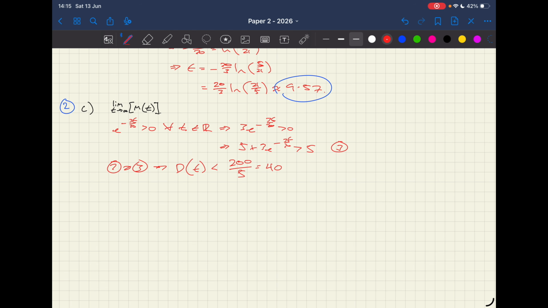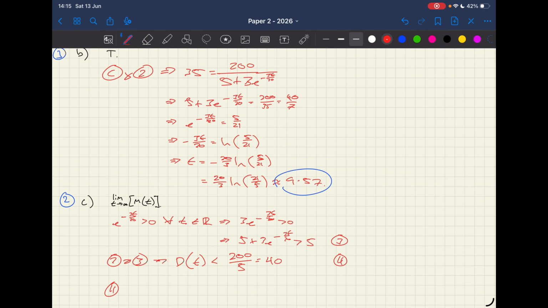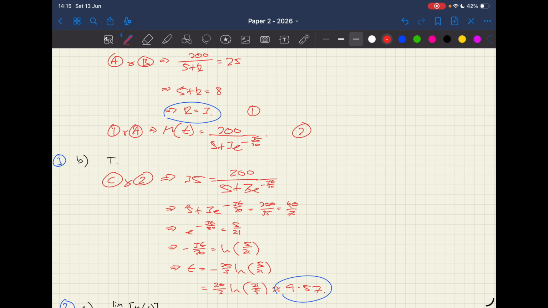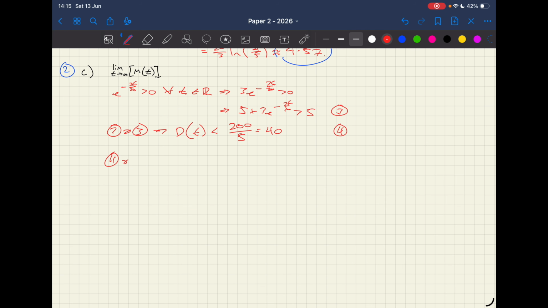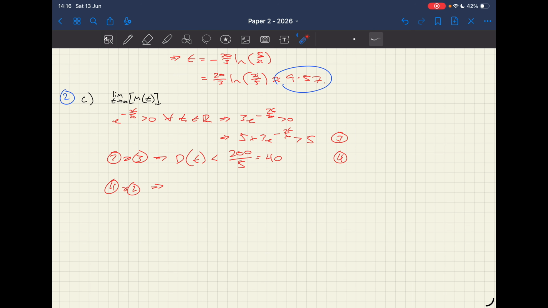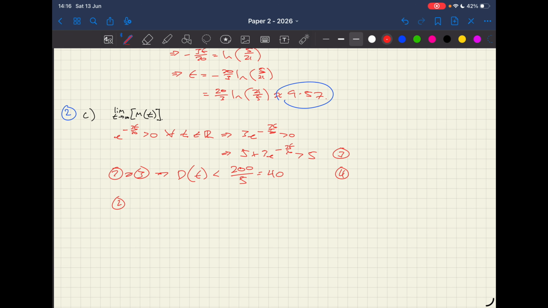So we should end up in a situation where, because we have this fact, number 4, and the model itself, that is 2, we're always less than this, and we know that we're in an increasing function as well. That maybe we should go and show that actually. So let's just take the model, which is 2, sorry, and we will differentiate it.